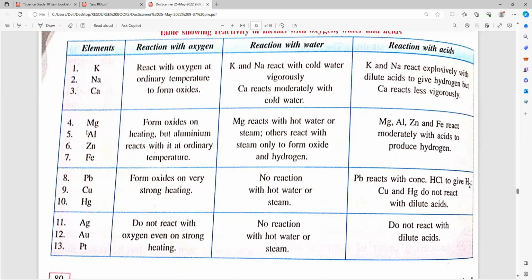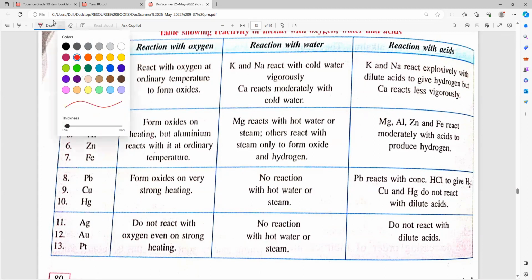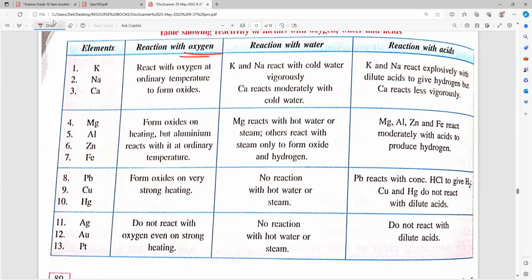I told you, correct? There is no question paper without a question from this tabular column. I guarantee you 100%. So please learn the chemical properties of metals, that is, the reactivity series. There are only 3: reaction with oxygen, that is air, reaction with water, and reaction with acids.